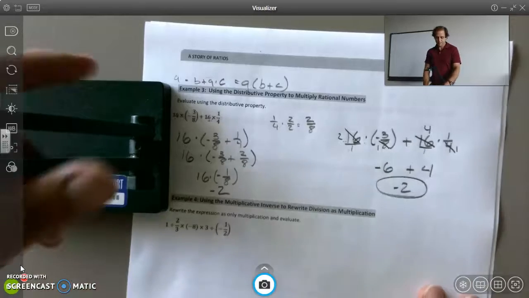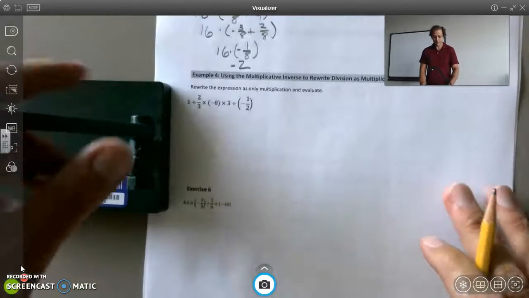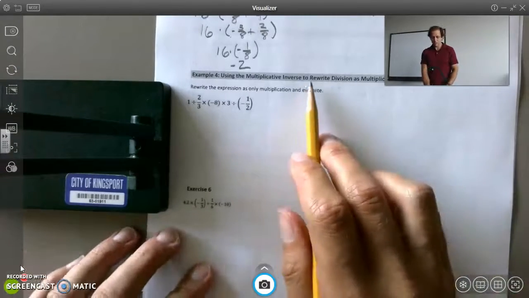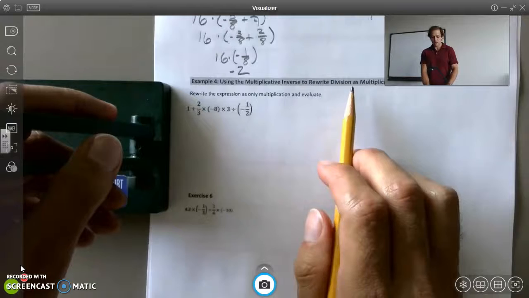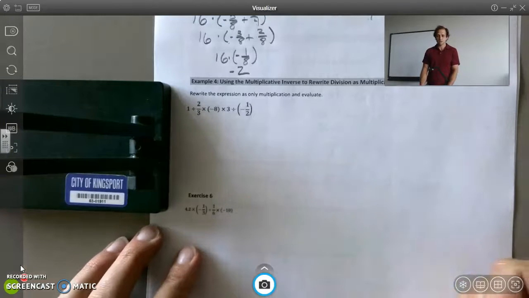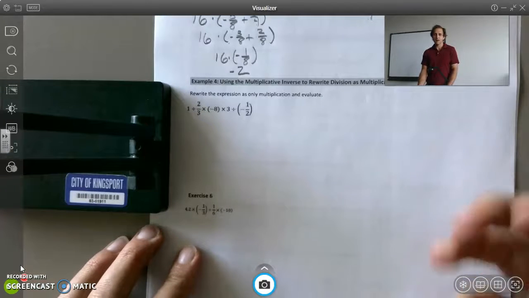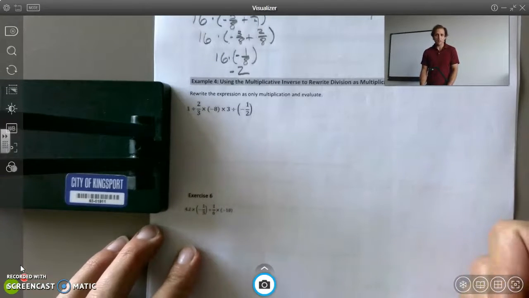Keep practicing. Okay, next. Using multiplicative inverse to rewrite division as multiplication. Remember that multiplicative inverse means that anytime I divide, it is the same as multiplying by the reciprocal. We don't use keep, change, flip or other common phrases. In 7th grade, we use academic vocabulary.